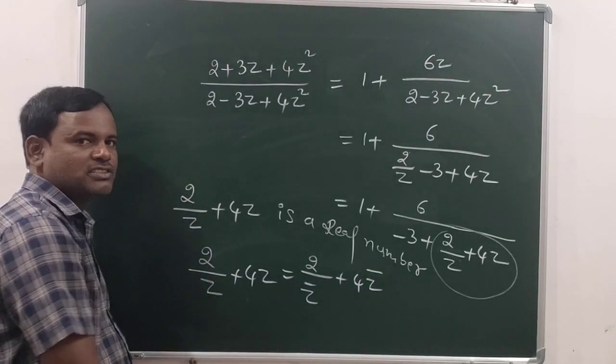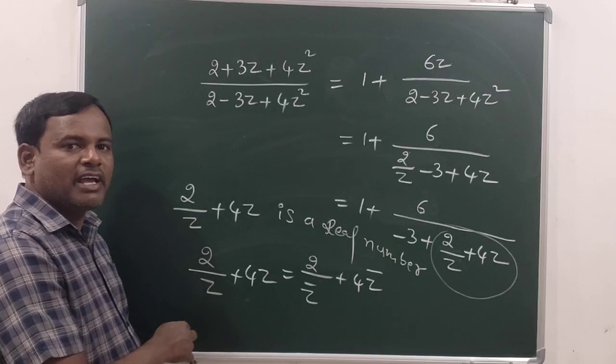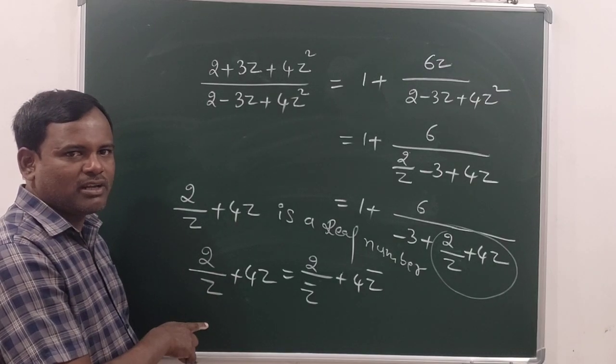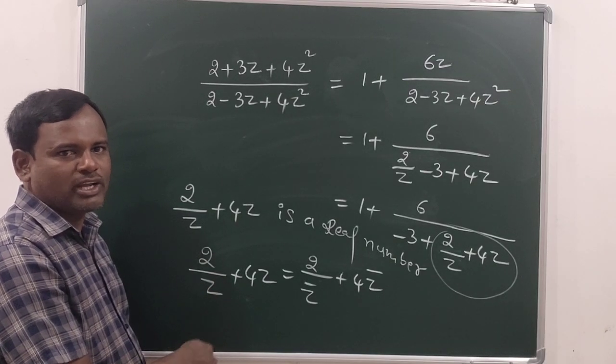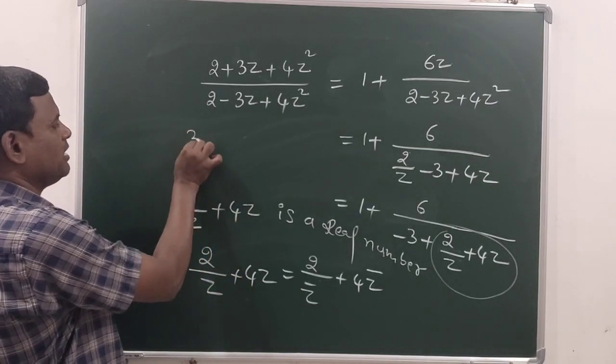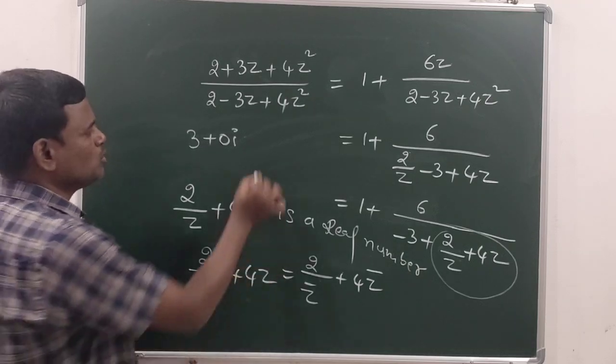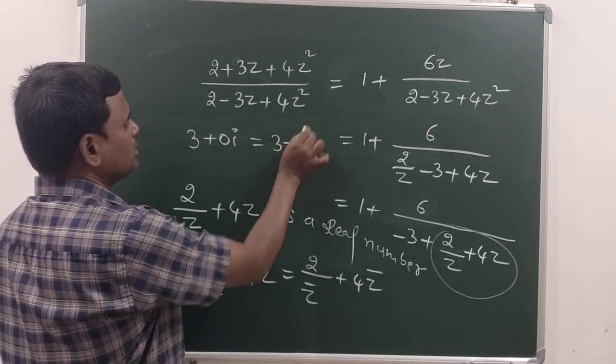This is a very important step in this problem. Because this is a real number, its conjugate is also a real number, and both will be equal. For example, 3 plus 0i is a complex number, whose conjugate is 3 minus 0i.